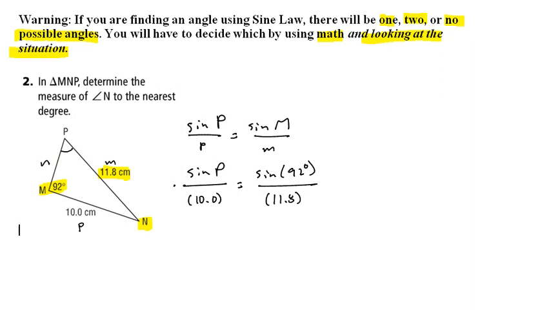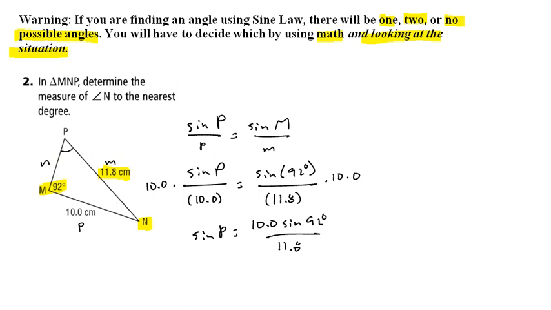Okay, and same as last time, we're just going to multiply both sides by 10.0 to get sine P by itself. So sine P is going to equal 10.0 sine 92 all over 11.8.